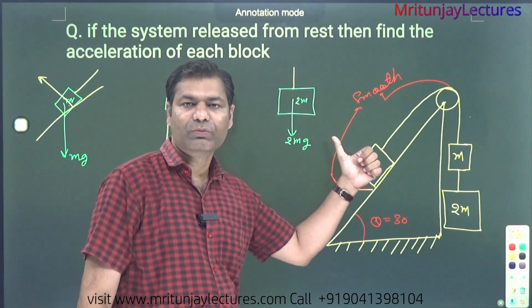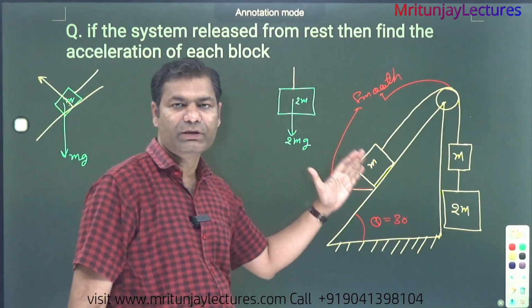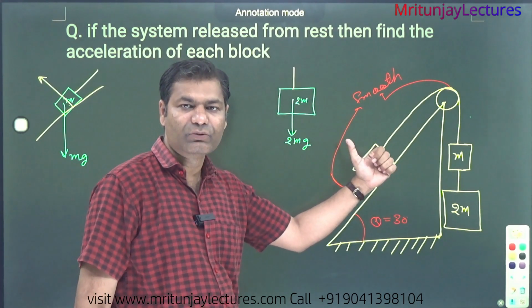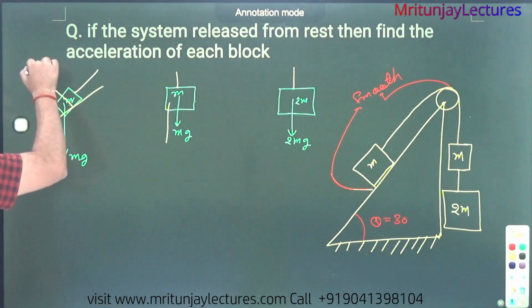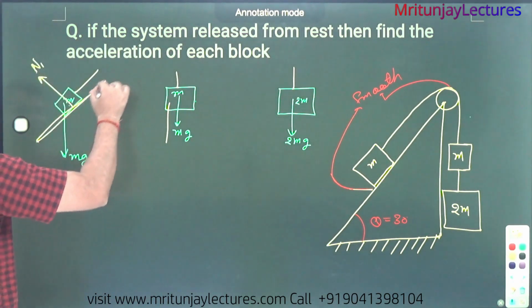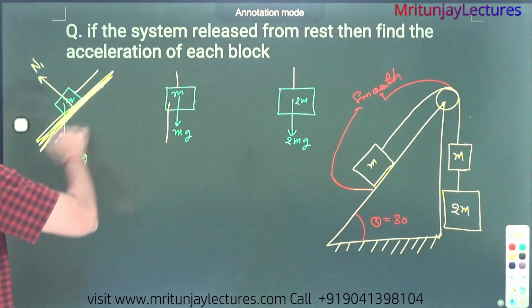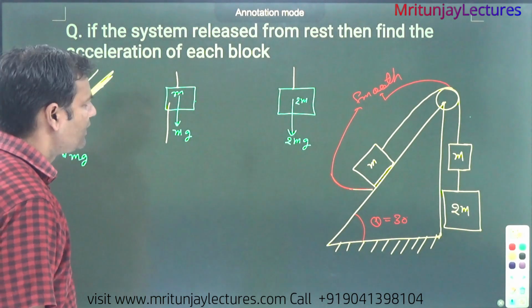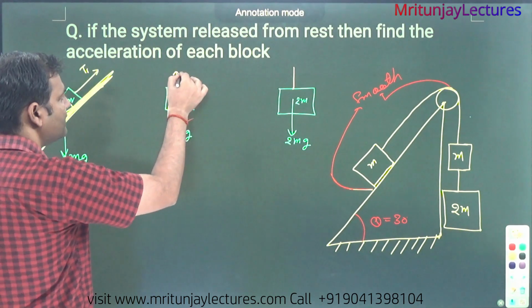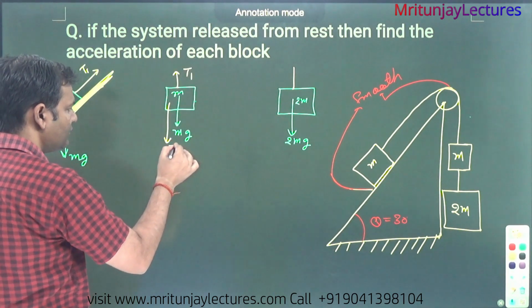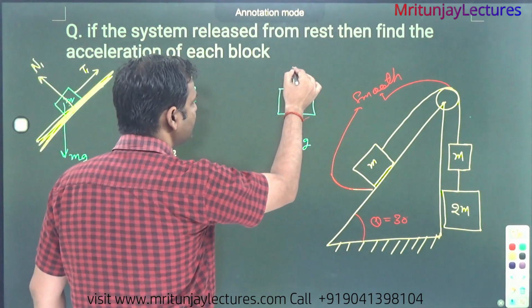Normal force is always perpendicular to the surface. Clear or not? If this one is N1 and this one is the surface. And now here T1, here T1, here T2, so here T2.